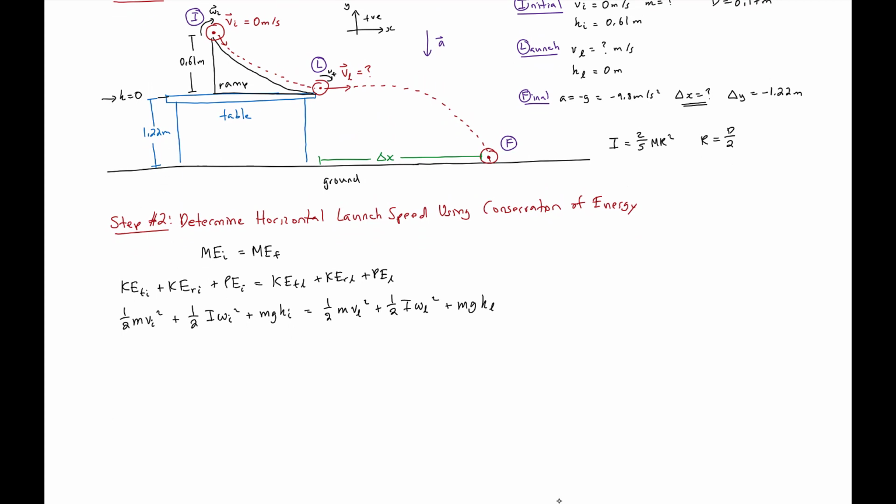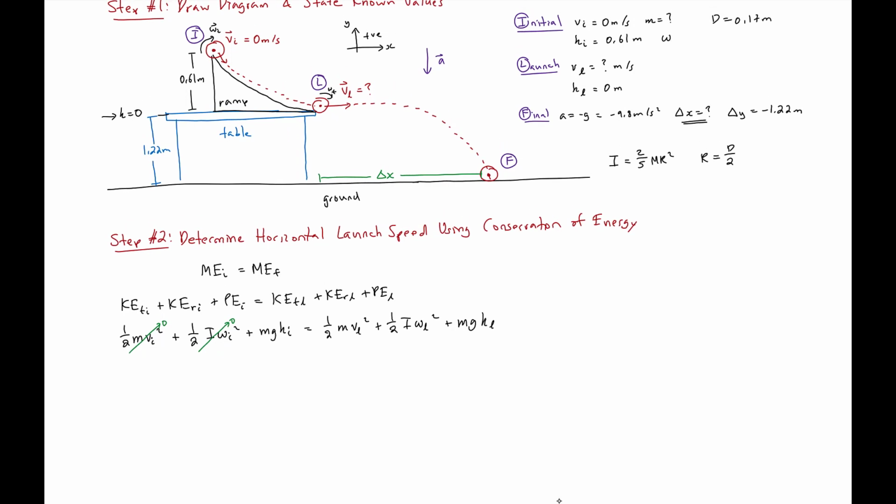So now we want to go through and see if there are any zero values. We know that the initial speed of the ball is 0 because we released it. We also know that the angular speed is going to be 0 because it hasn't even started rotating yet. So omega_i is also equal to 0 radians per second.